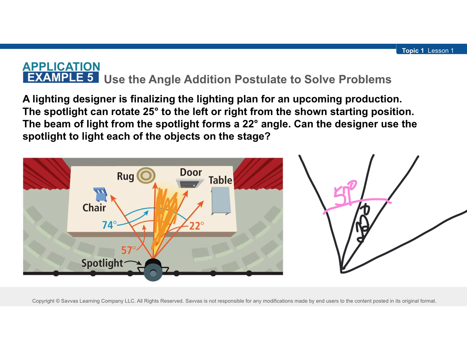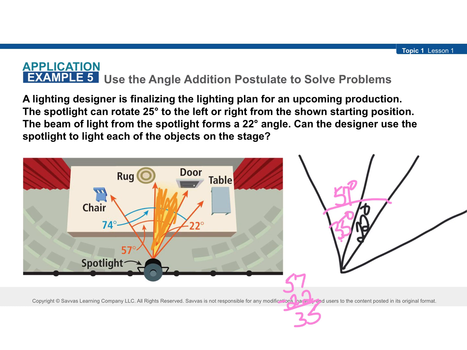I could ask you, if both angles are 57 and one is 22, then what is this one right here? Well, that's got to be 57 minus 22, right? So 57 minus 22 is 35.